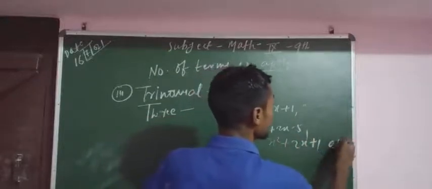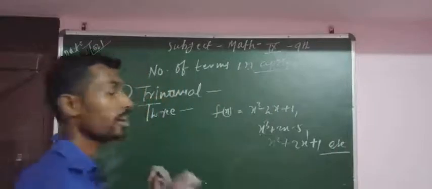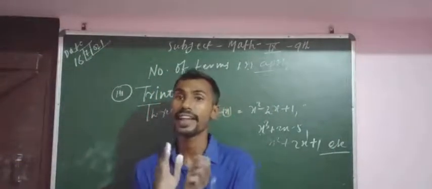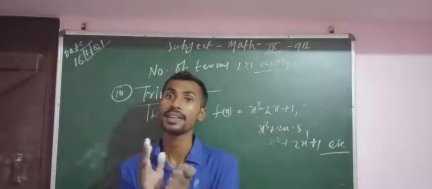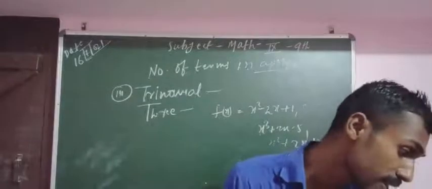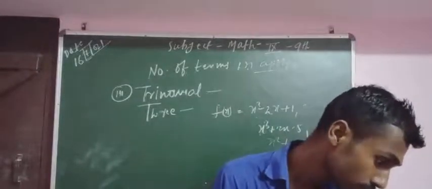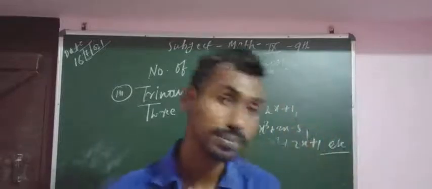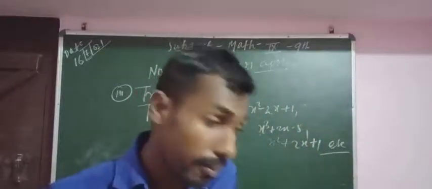These are examples of trinomial. A polynomial expression containing 3 terms is called trinomial.